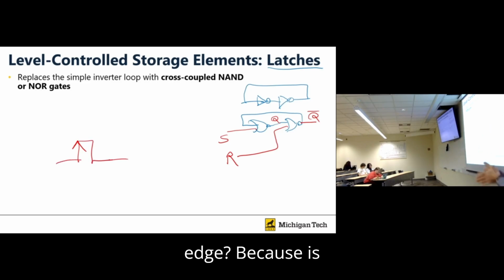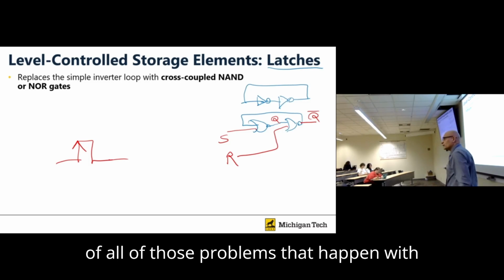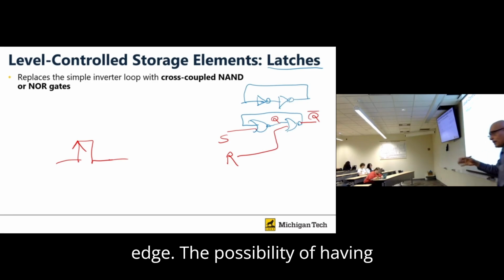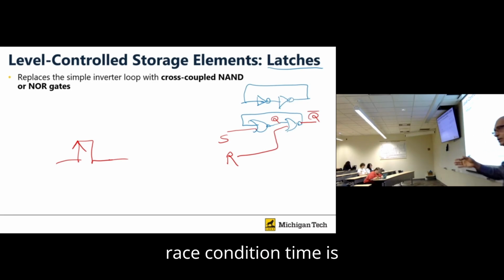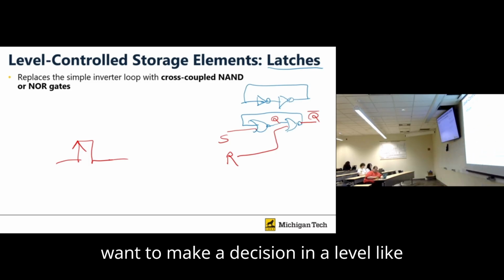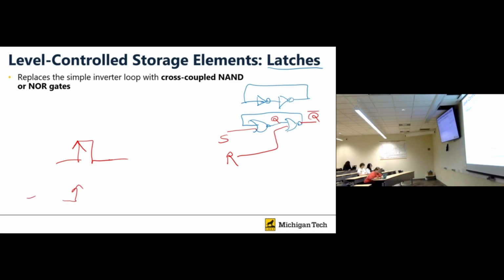So why edge? Because the decision is supposed to be so fast because of all of those problems that happen in race condition? It is just edge. The possibility of having race condition in that time is very low. But if it's level, if you want to make a decision at a level, like you have a level, that's enable.